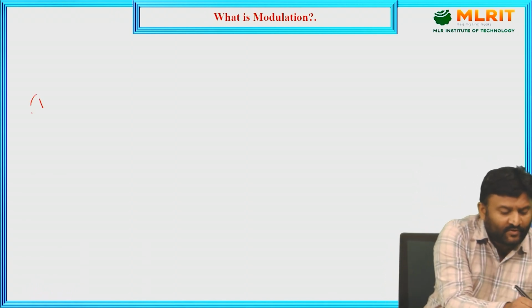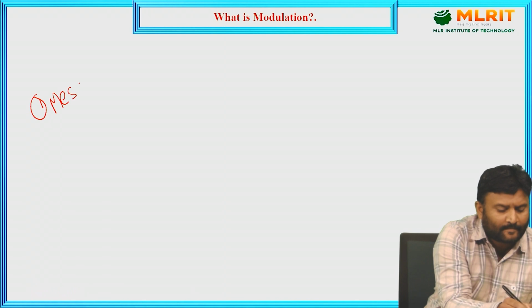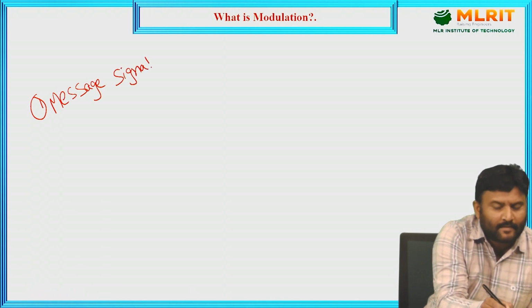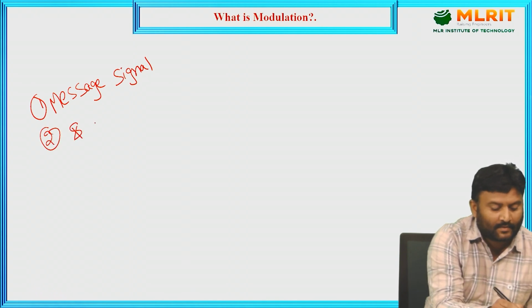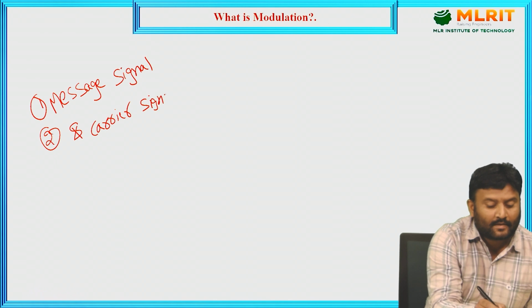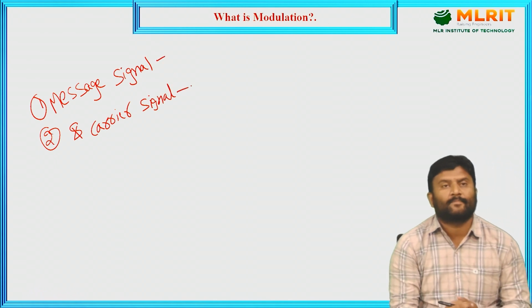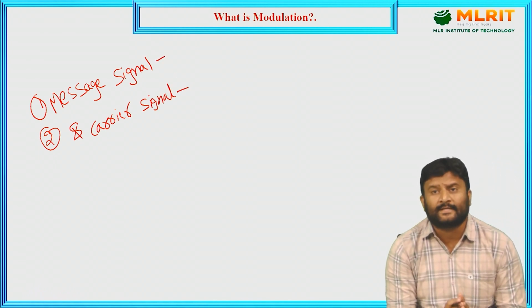Observe, the first one is the message signal and the second one is the carrier signal. We need these two signals.